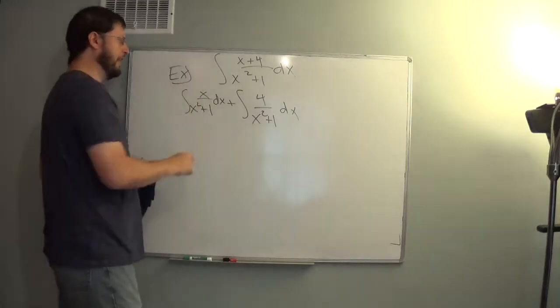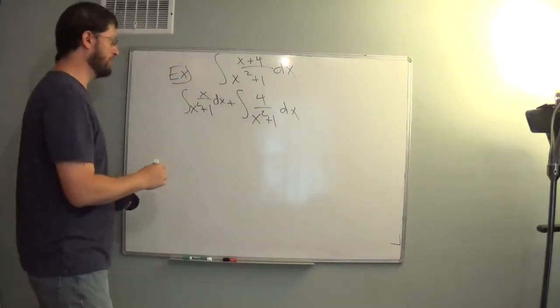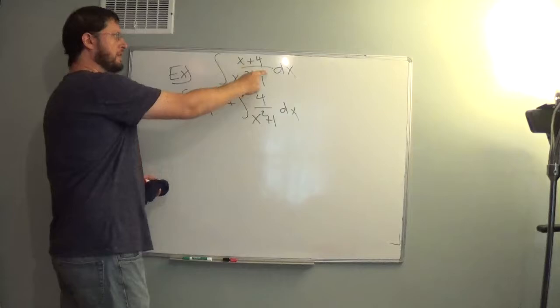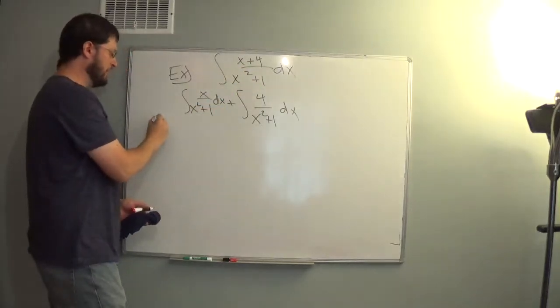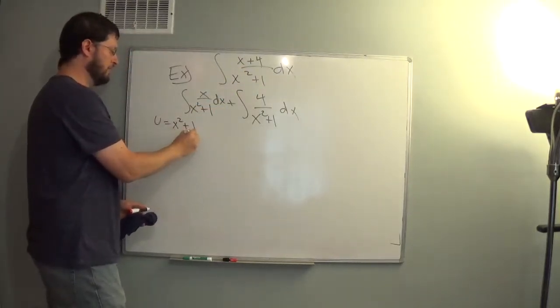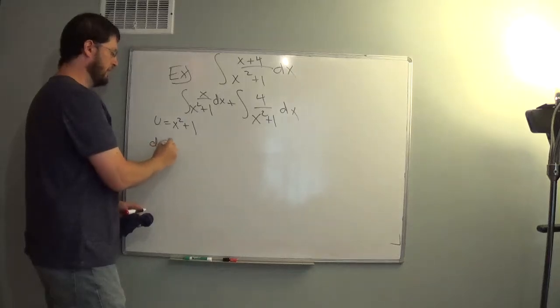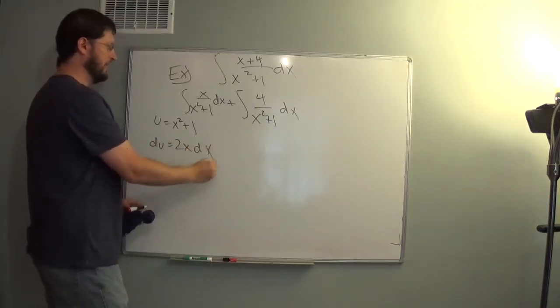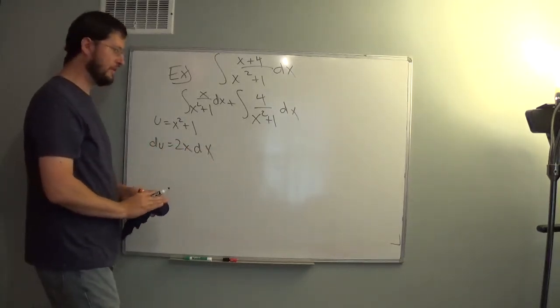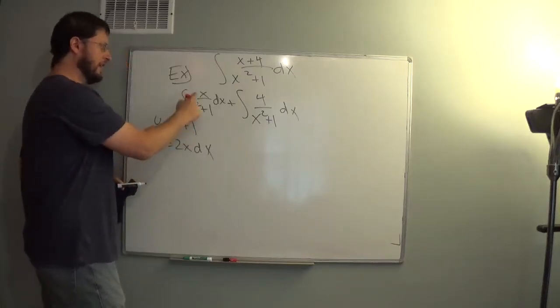This left-hand side I can actually solve by using a u substitution now, because I broke it up into two different pieces. If u is x squared plus 1, then du is 2x dx, and now we've seen this 10 times. This is x dx.